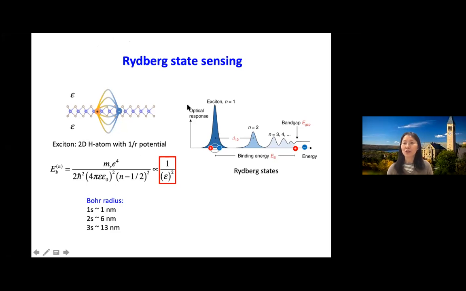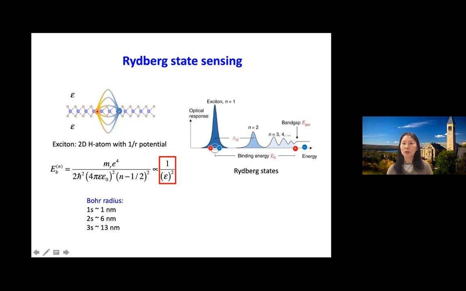So let's just consider a sheet of semiconductor, a monolayer of semiconductor. It could be tungsten selenide, some other TMD semiconductor. It has very strong excitonic effects because Coulomb interaction in general in 2D materials is much reduced. And you can think of this as a 2-dimensional hydrogen atom, with a 1/r potential with some kind of screening.